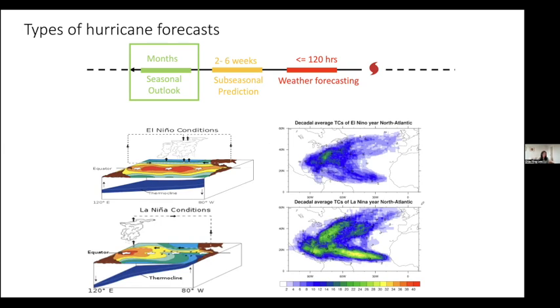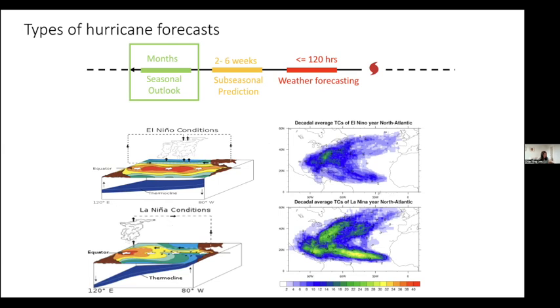One is the so-called seasonal outlook, which means we tell you how many storms you will have prior to the season start. The seasonal outlook exists because we know hurricane activity highly depends on the so-called ENSO status, or you can say El Nino and La Nina cases.